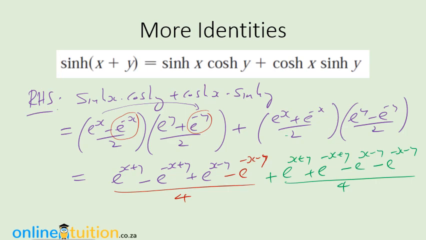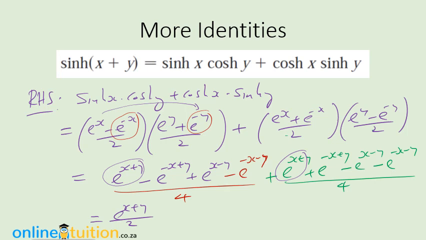So let's see whether things start to cancel out or they add up. This is interesting. If you look at e to the x plus y over 4 plus e to the x plus y over 4, that gives me e to the x plus y all over 2.